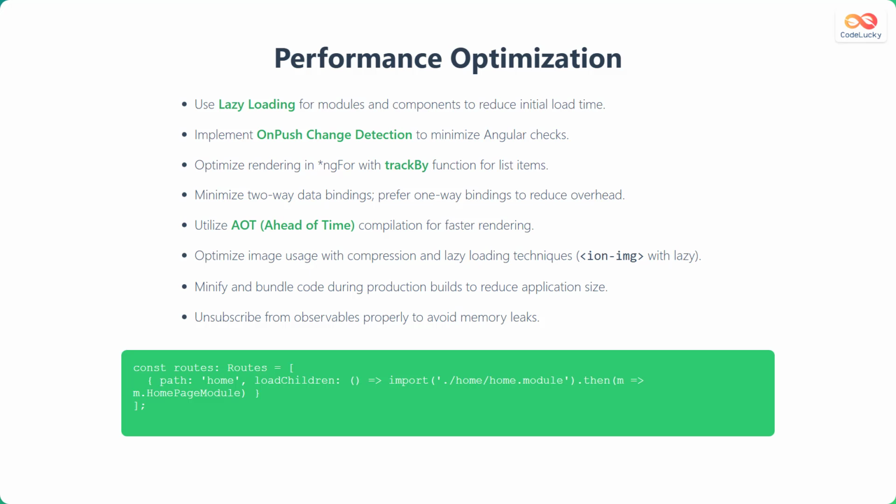Avoid excessive two-way data binding and prefer one-way bindings to reduce overhead. Use ahead-of-time compilation for faster rendering and optimize images with compression and lazy loading techniques such as Ionic's ion-img with the lazy attribute. Finally, ensure to unsubscribe from observables to prevent memory leaks and bundle your app efficiently in production to reduce file sizes.